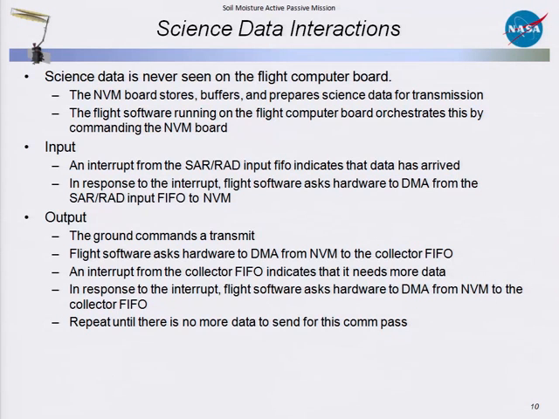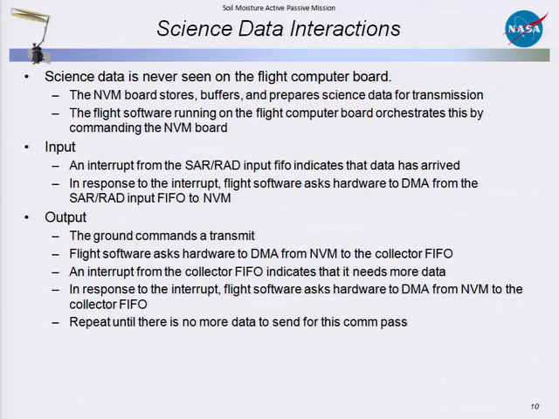So on the input side, what flight software will get is an interrupt from one of those input FIFOs. That was the first step: data comes in over a serial port to the input FIFOs. When the FIFO data is slowly growing, and when it reaches a certain mark, we're going to get an interrupt.